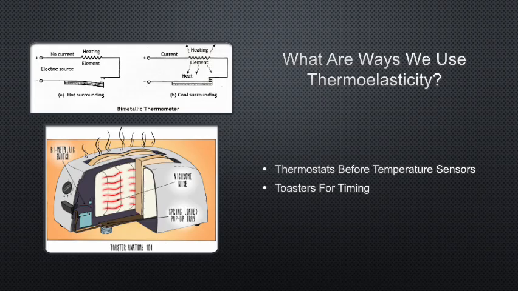But they're also used in toasters for timing. We take advantage of thermoelasticity and the changing of material length and deforming of it to speed up the timer of the toaster as it gets hotter.